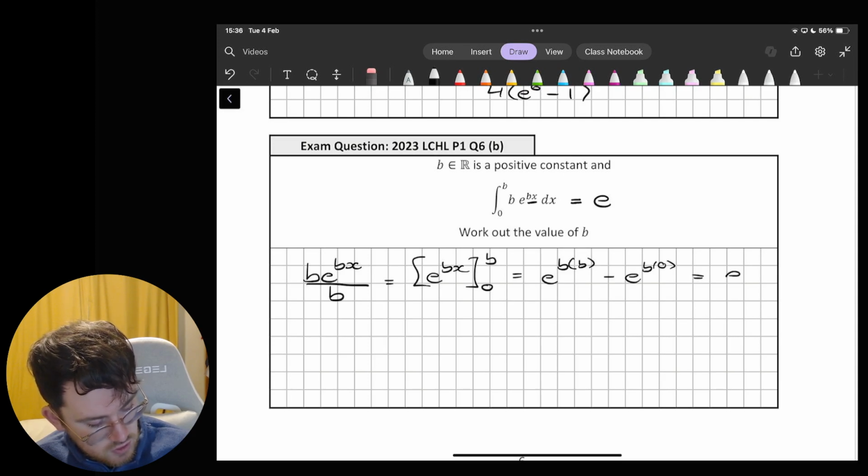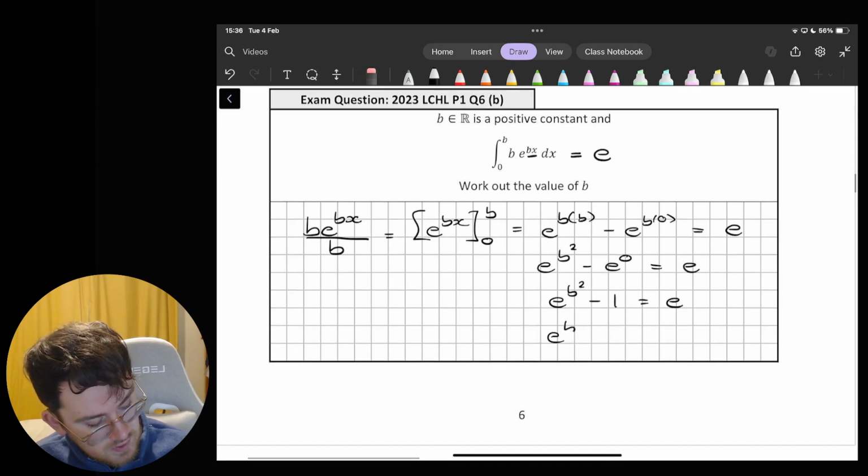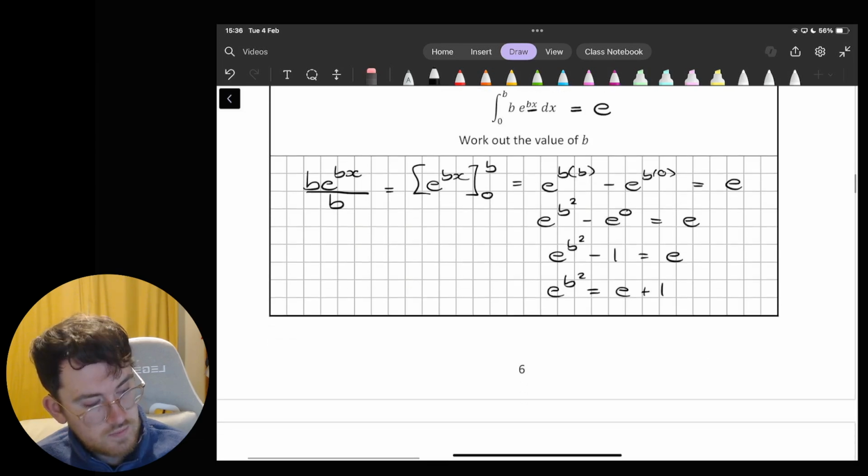And all of this should be equal to e. So e to the power of b squared minus e to the power of 0 should be equal to e. e to the power of b squared minus 1 should be equal to e. We can go e to the power of b squared should be equal to e plus 1.